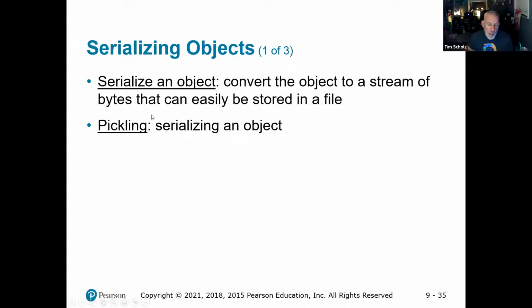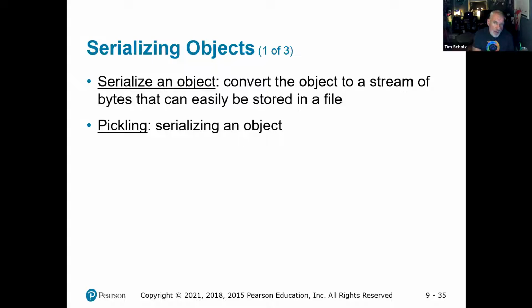Within Python, there's a concept called pickling, which is basically serializing that object. What this allows us to do is create a dictionary, or a dictionary of dictionaries, and take all the elements that we have in our dictionary and write that out to a file.